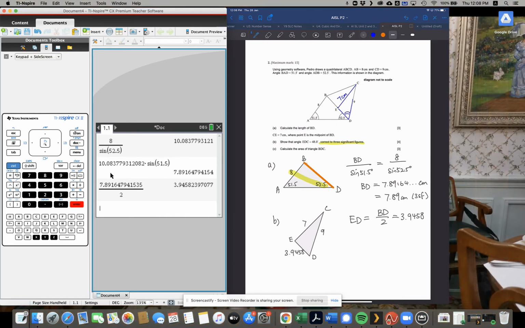Now we have all three lengths. We are ready to work out the angle.